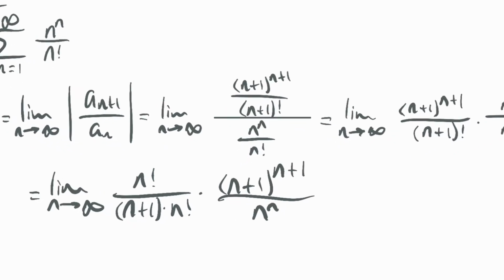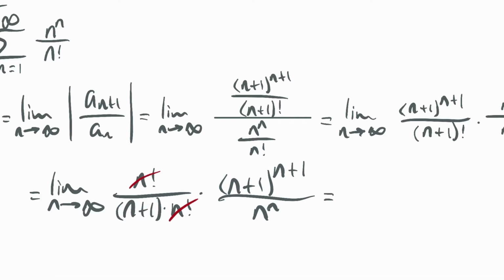Okay, so I get some cancellation, and it might not be clear what we should do next. Maybe you should pause the video and think about it. I noticed that this n plus 1 and this n plus 1 are the same thing. So maybe I need to rewrite this numerator on the right as n plus 1 times n plus 1 to the nth power.